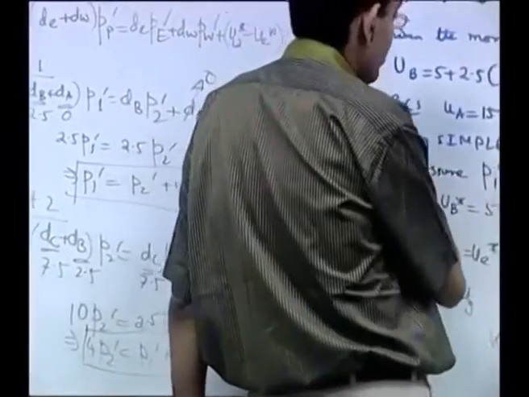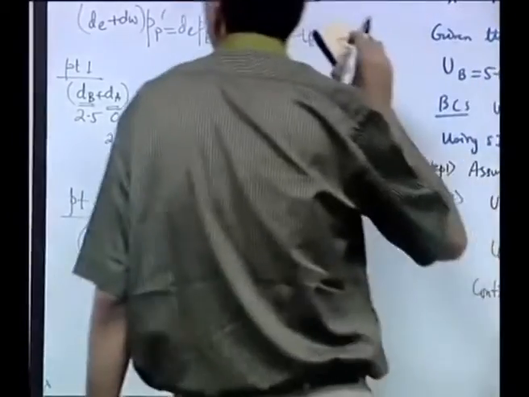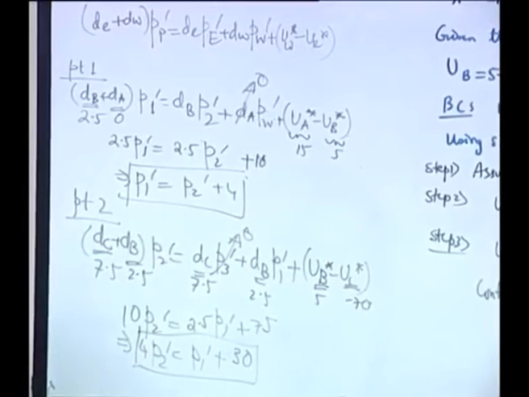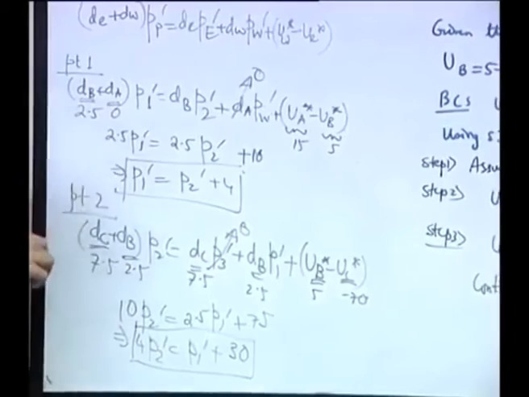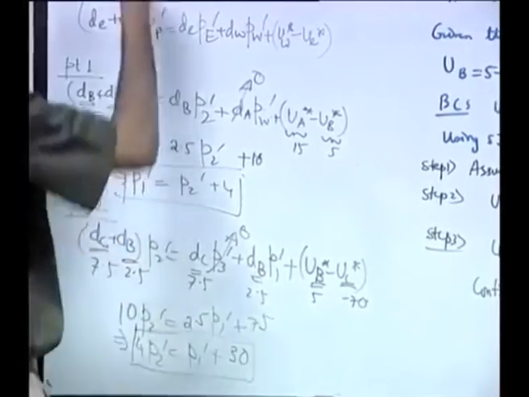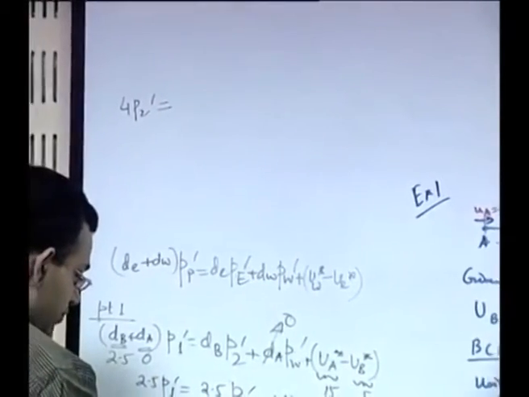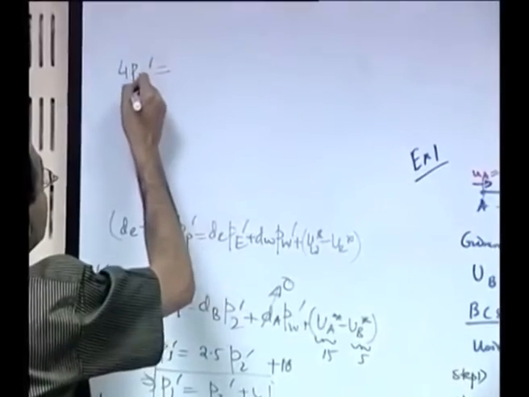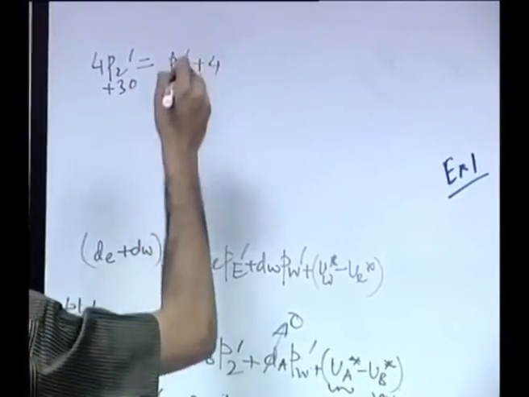So now you can calculate P1 prime and P2 prime. So you can write 4 P2 prime, you can just solve these equations. In place of P1 prime you can write 4 P2 prime plus 30 equal to P2 prime plus 4.